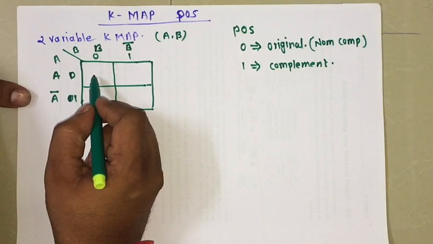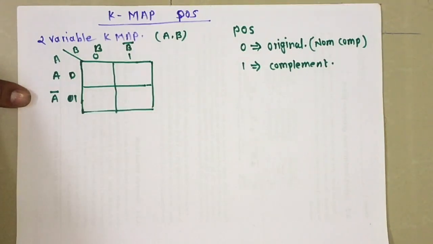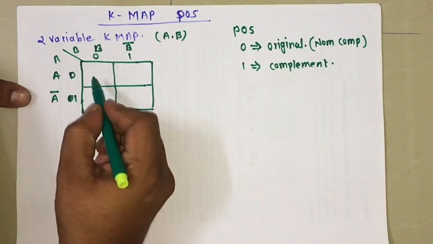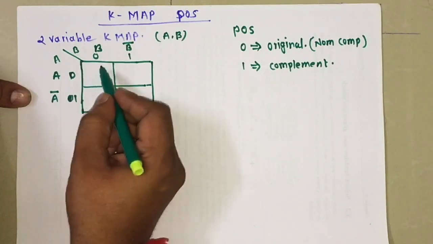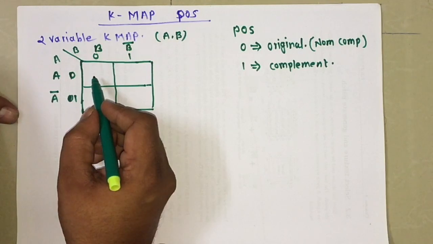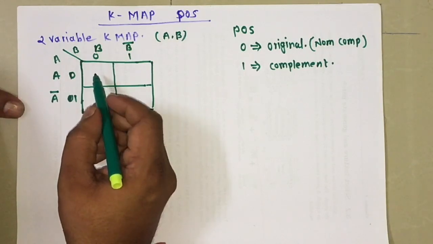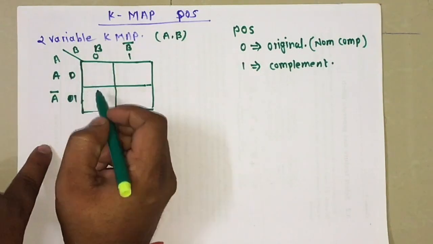Okay, now in this square box we have to write the values. We have to write the sum term. In case of SOP we write the product term here, getting the product of row value and column value. Now here we will form the sum term from the row value and column value.